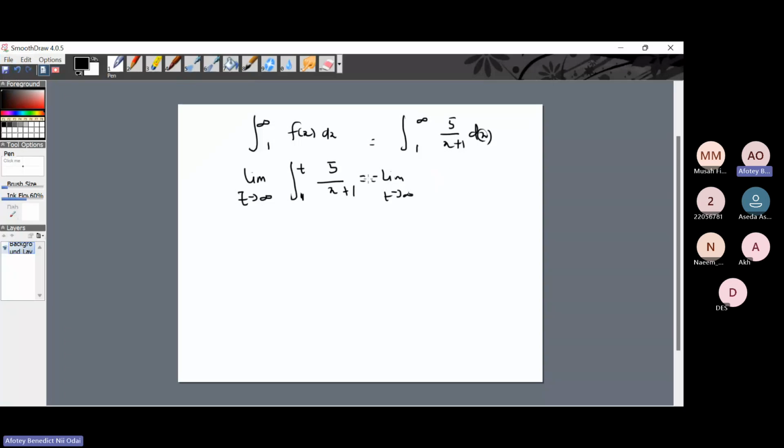We can bring out the 5 here, and we know that the integral of 1 on x plus 1 is equal to the natural log of x plus 1. Hope that's clear.